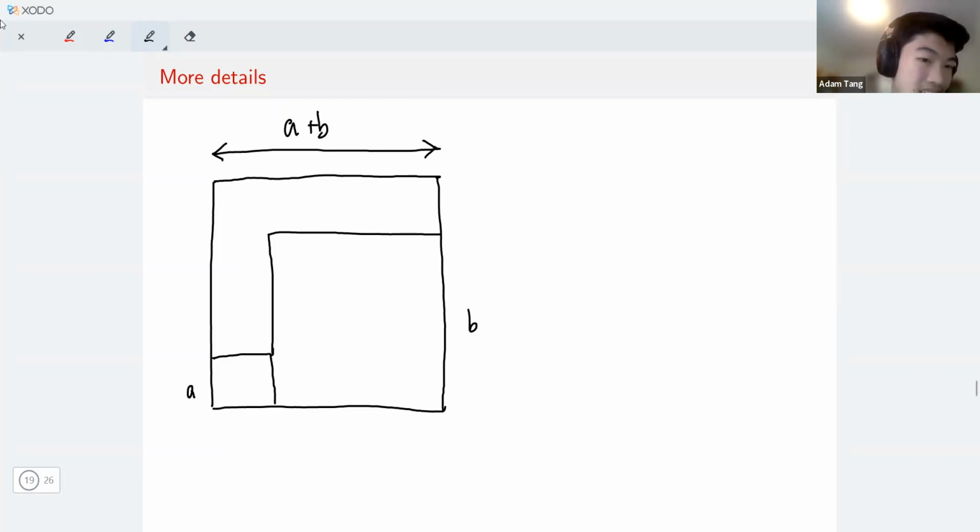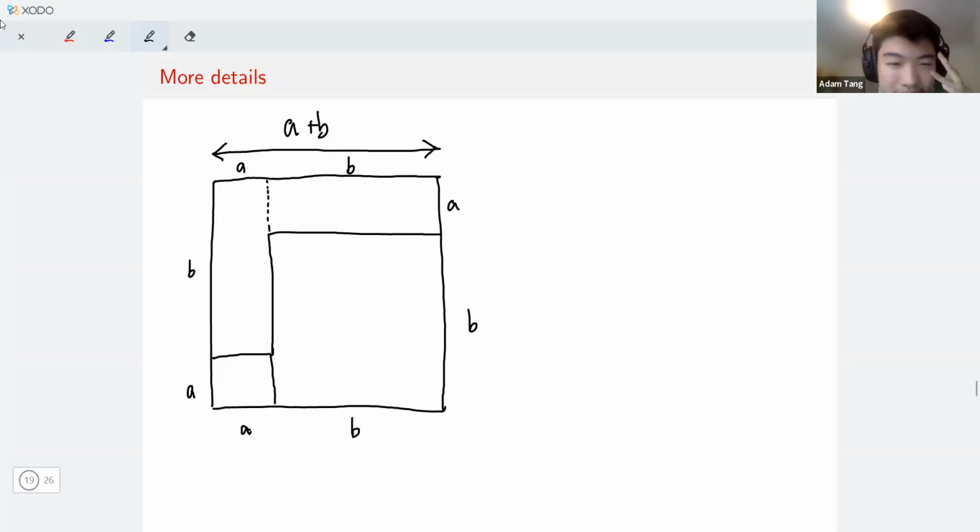As you can see, there is still some remaining area up here. We have divided these sides into A and B, and you can see that the extra area is exactly 2AB, because there are two rectangles of A times B.